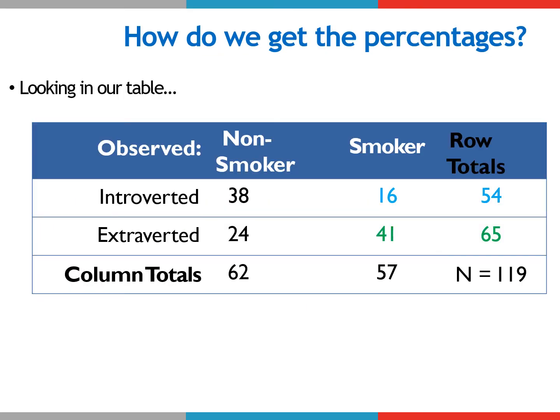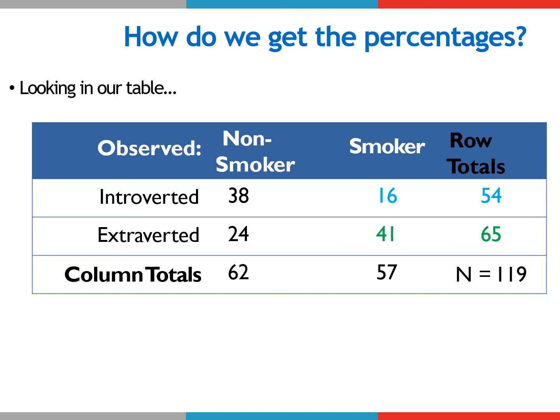So you might be wondering where those percentages came from that I just quoted. So where did I get the 63.08 and the 29.63? Okay. Well, how do we get those percentages?